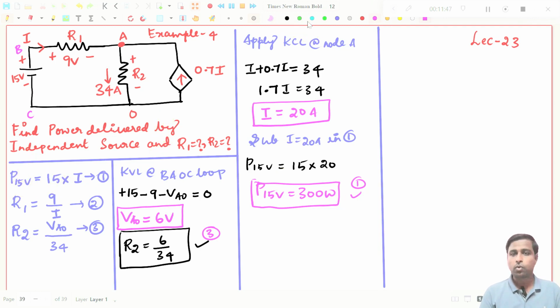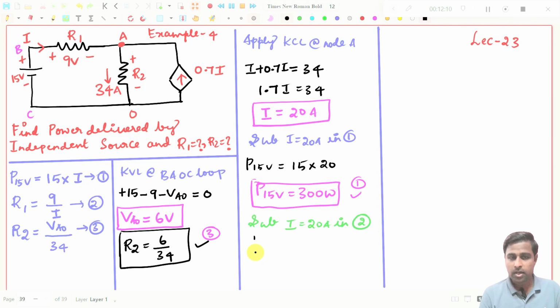Now you substitute I equal to 20 amperes in expression number 2. That means R1.